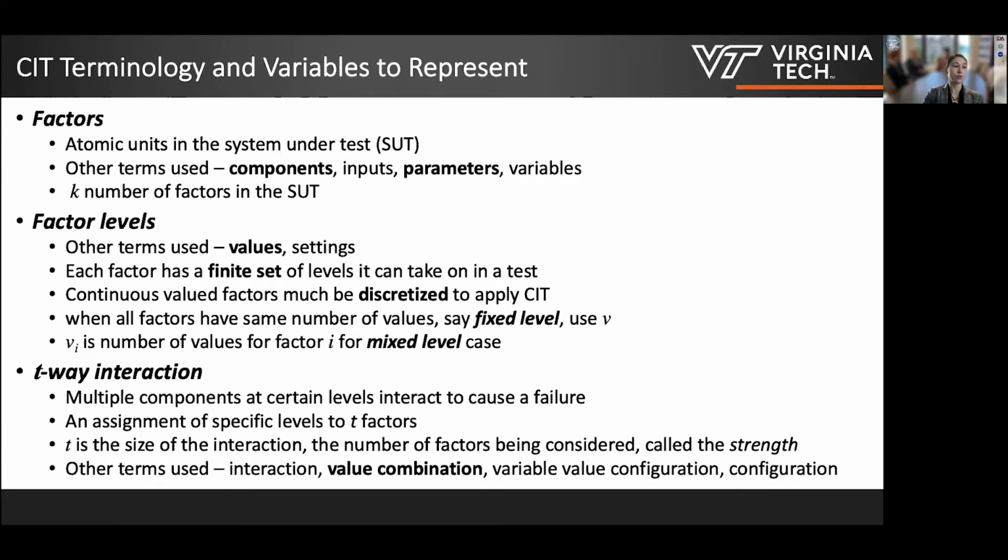Other terms used for T-way interaction are just interaction, value combination, because we take a combination of factors and we assign values to them, variable value configuration, or configuration. You can imagine that when we're saying it's a system that is running a Windows operating system and it has a Chrome browser, that's a configuration of the system.